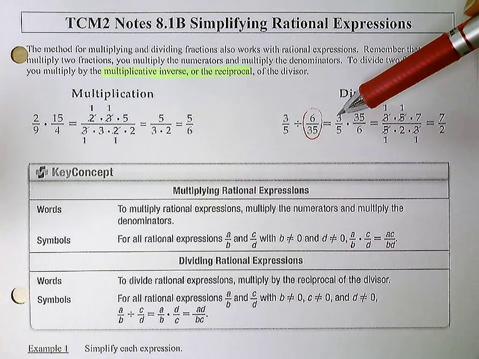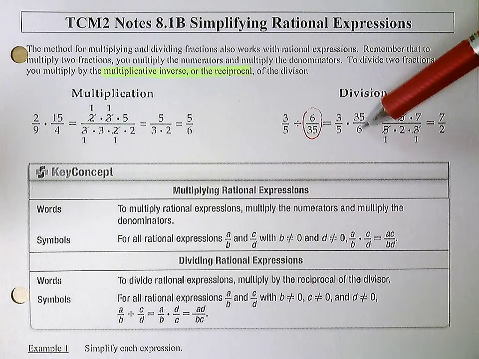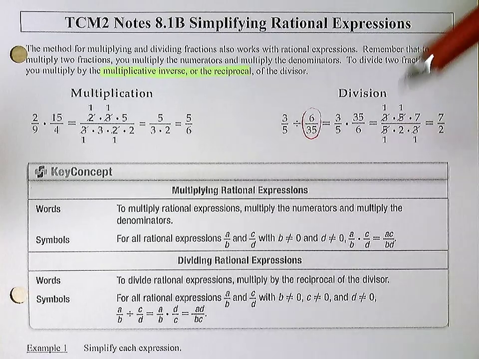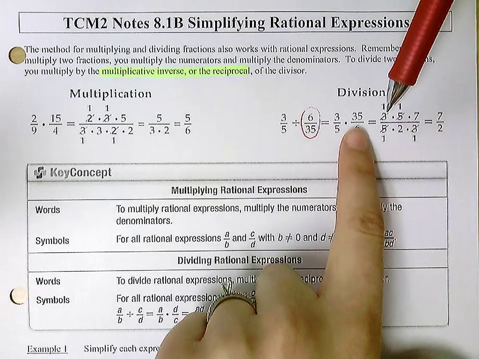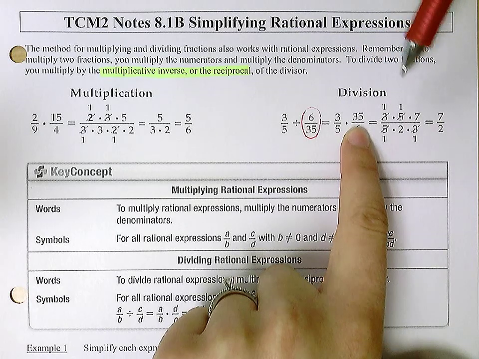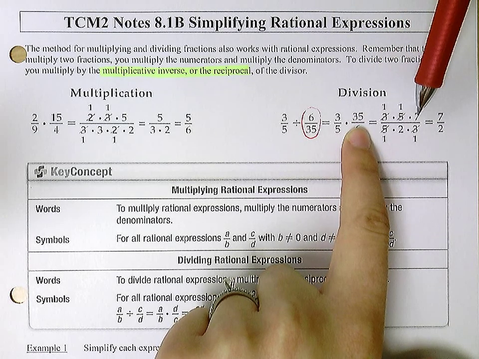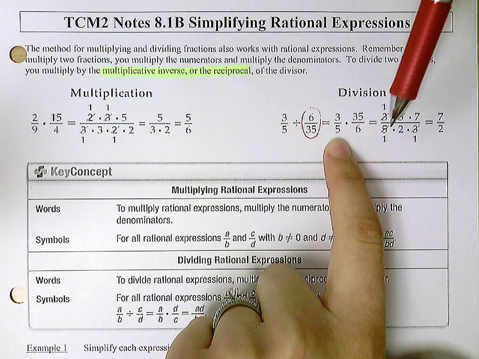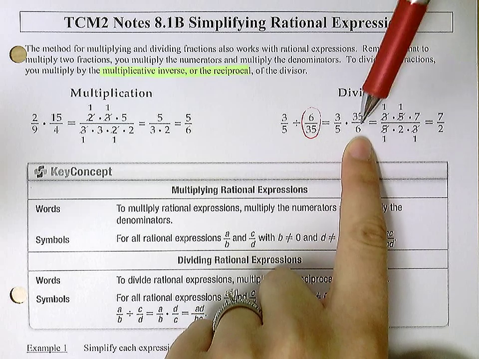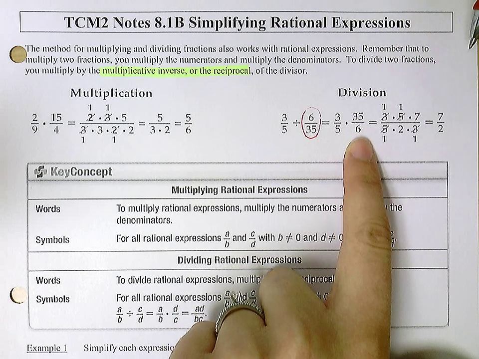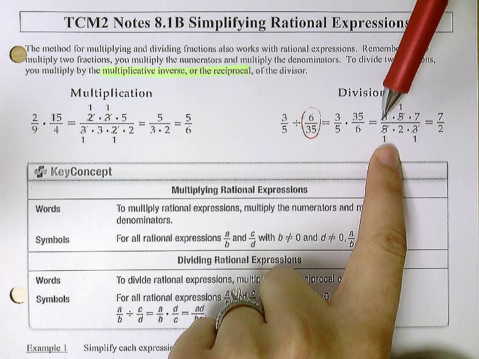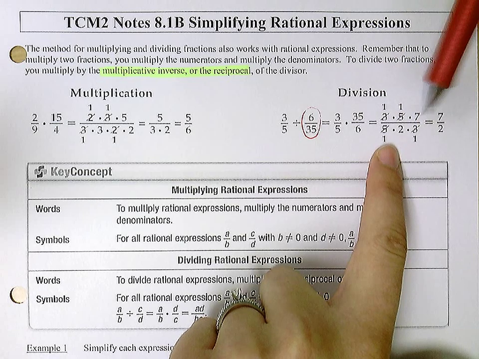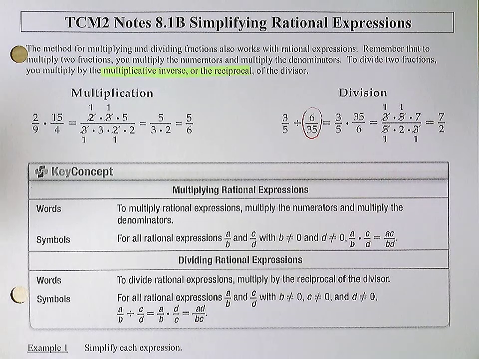So instead I would have 3/5 times 35 over 6. And again, I can find the factors of the numerator. So 3 is just 3. 35 is 5 and 7. And then in the denominator, 5 stays as 5, and then 6 has a factor of 2 and 3. Okay, that way I can cancel out like terms to end up with 7 halves.